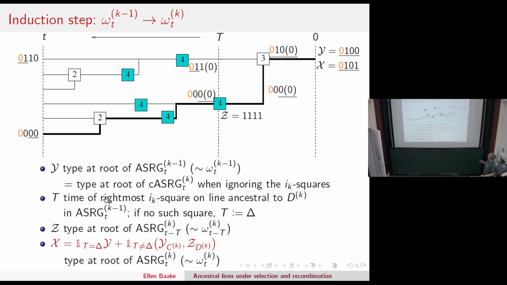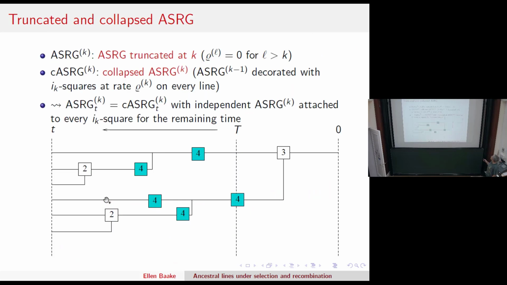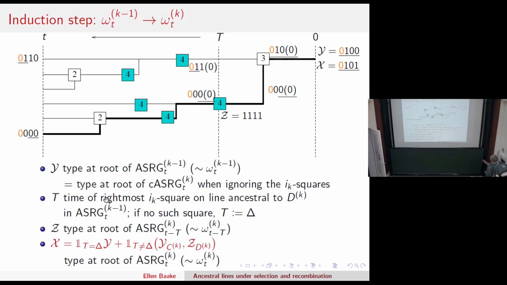So, what do we want? We want to know the type x at the root of an ASRG k. That will then have law omega k. And we already know, by the induction hypothesis, the type at the root of an ASRG k-1, so from the previous recursion.